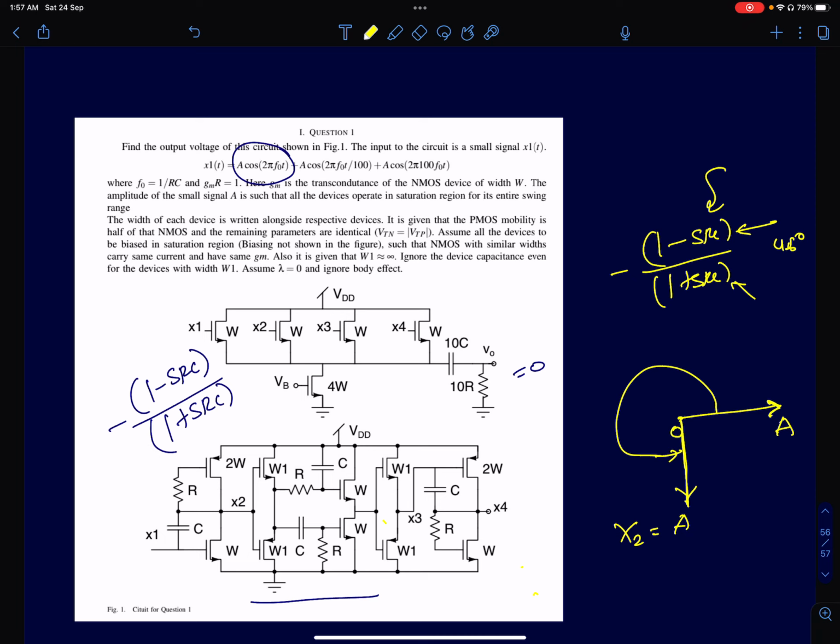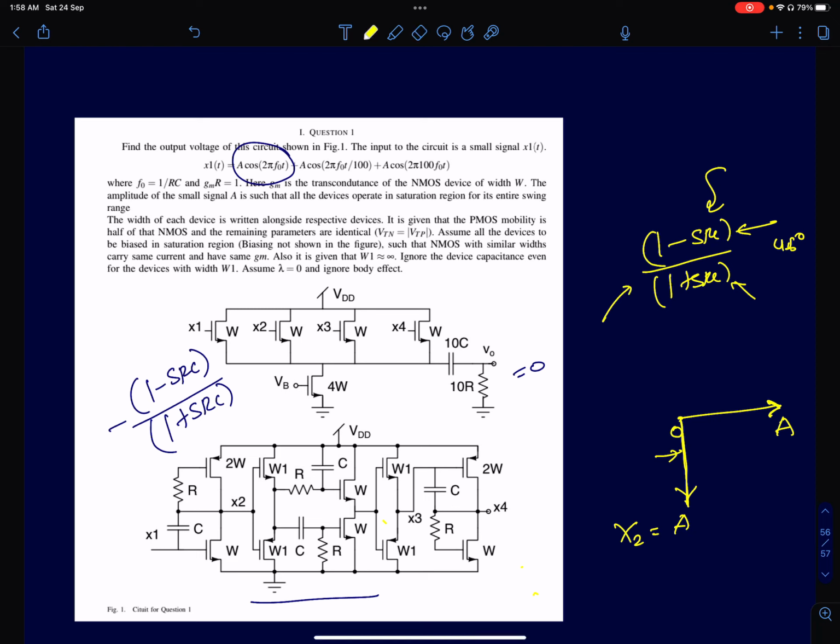Now it goes through the next circuit. If you recall, these are all just all-pass filters with a finite phase. There are only phase shifts. And towards the end, I'll tell you what is the motivation behind the circuit. How did I think of the circuit? I'll just tell that to you guys. But yeah, so this is X2. There is a 270 degree phase shift. Amplitude is the same. From X2 to X3, if you see, there is no minus sign.